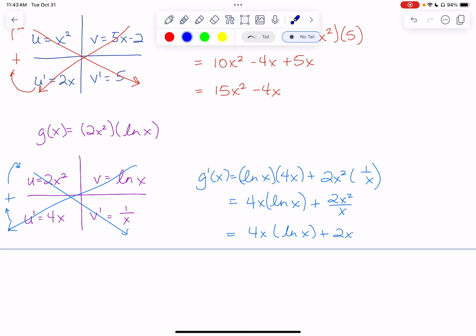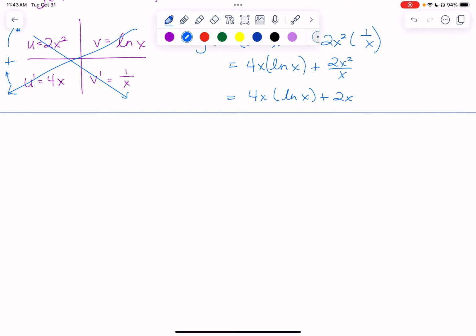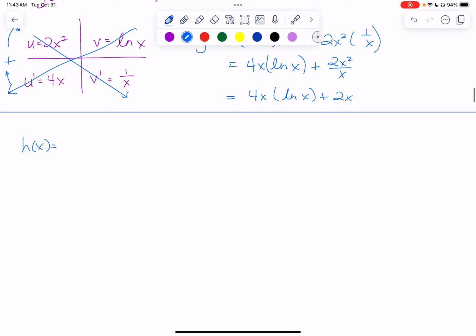All right, let's do another one. Let's do our h of x that we had from the previous part. Let's see, h of x was equal to x to the negative 3 times sine x.